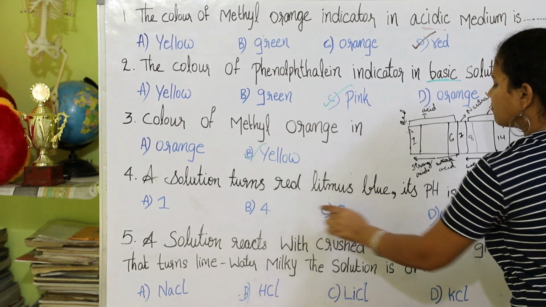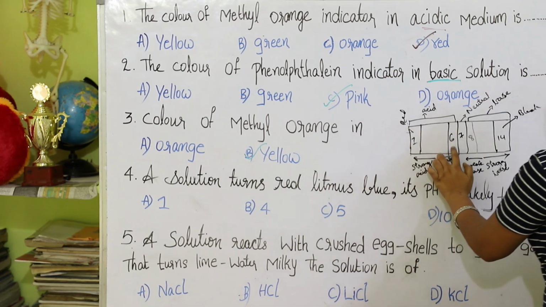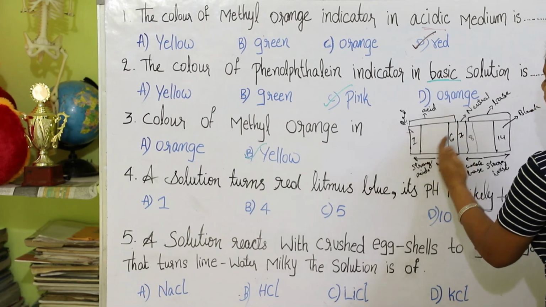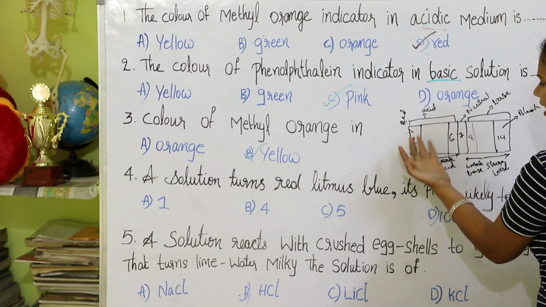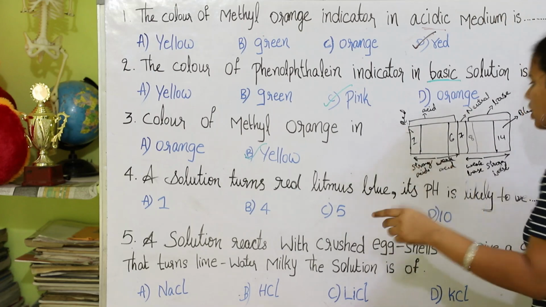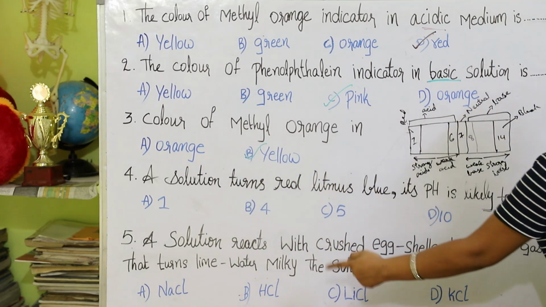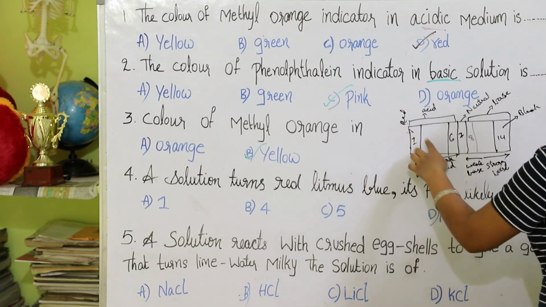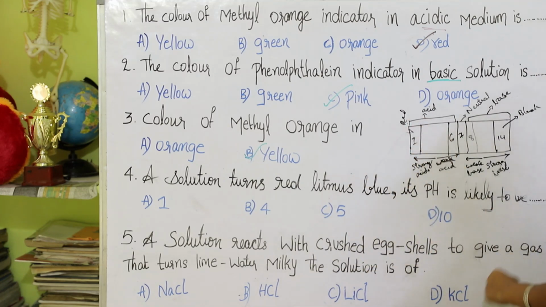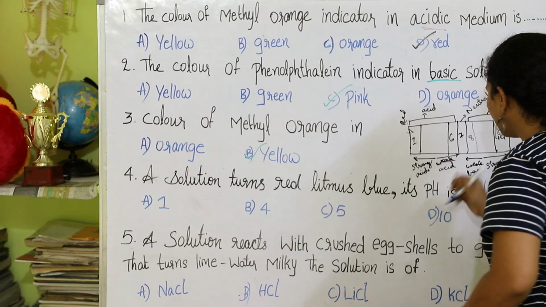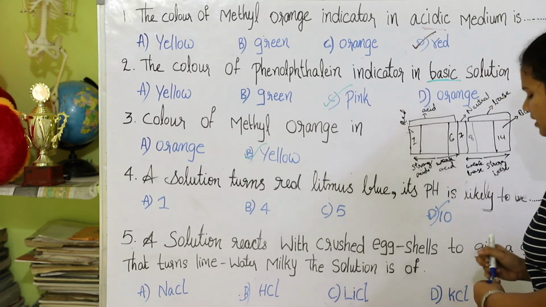Now 1, 4, 5 come under acid, because 6 is just below 7, and below 6 you have 5, 4, 3, 2, 1. So the first three options are acidic. The other one will be basic in nature, so D will be the correct answer.